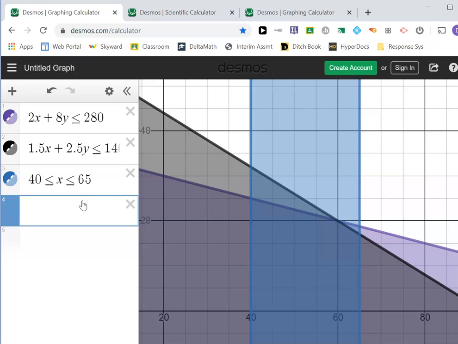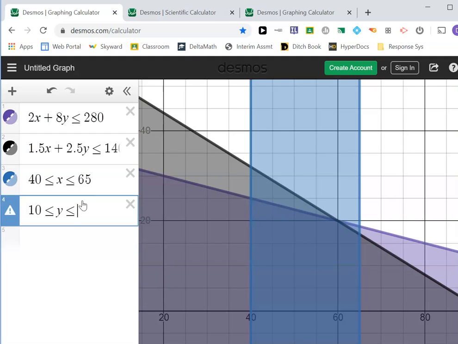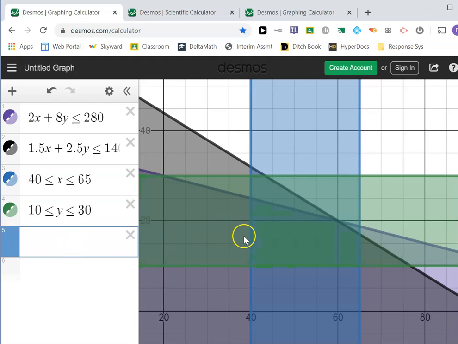If someone says you got to make more than 10 but no more than 30 desks, you could say, okay, no problem. 10 is less than or equal to y, which is less than or equal to 30. Okay. So that describes being able to do above 10 but below 30 chairs. I'm sorry, desks. So what you're getting is a sweet spot right in here that describes all the combinations of chairs and desks that you could make based on the limitations you've got.